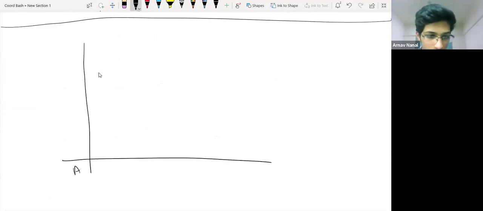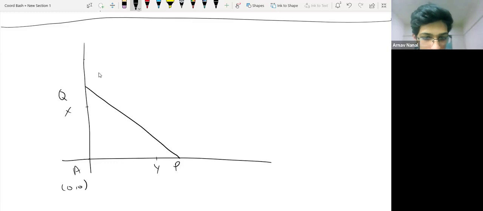So this is A (0, 0), P, Q, then you have X and Y. Oh, they're inside now. Okay, doesn't matter. I'll just draw them outside. It would be better to draw. Okay, and B and C would be somewhere here or something.